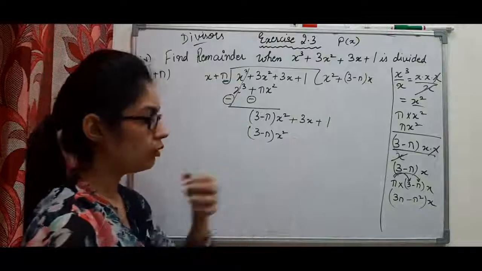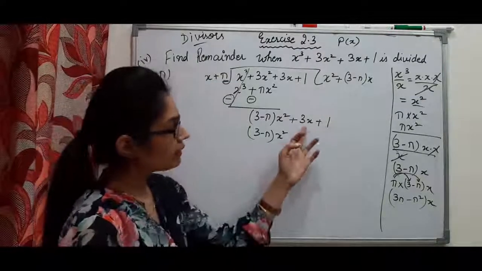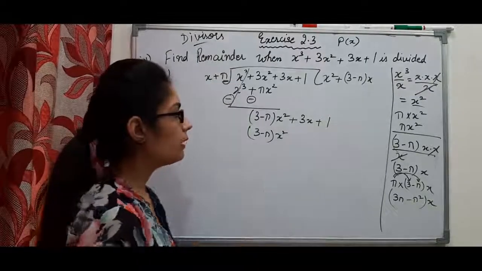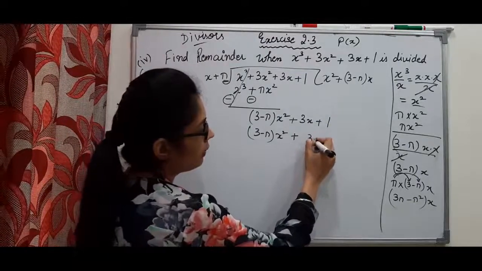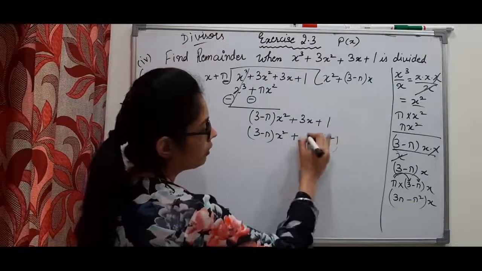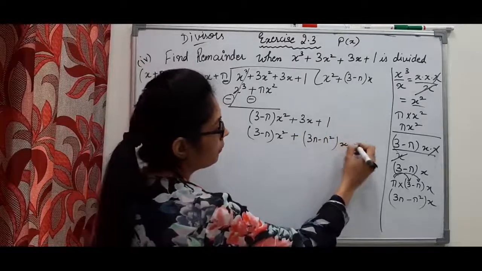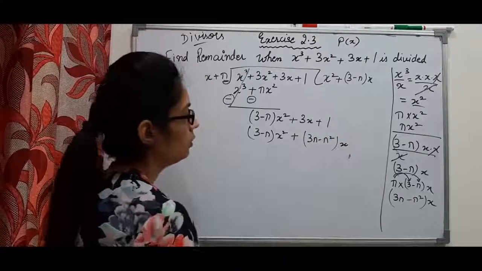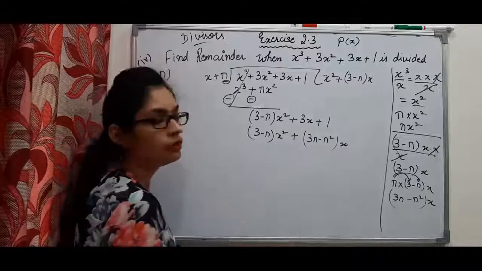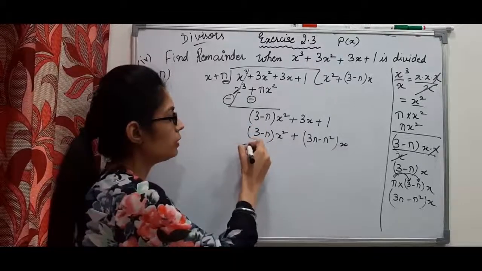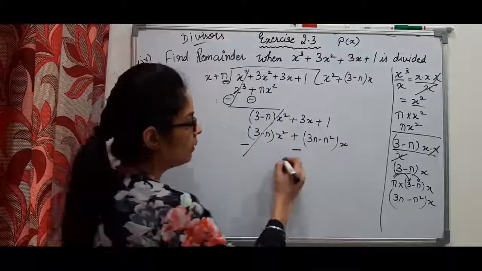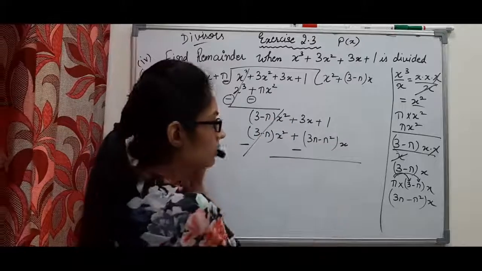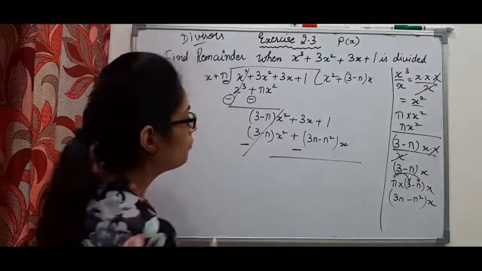So now I have to look out for the term which has x variable. See, this term has x variable, I will write this term here, 3 pi minus pi square x. Now change of signs, plus will be changed into minus, this plus will be changed into minus, so this will get cancelled. Same terms with opposite signs.